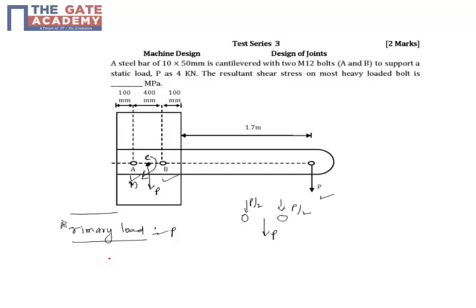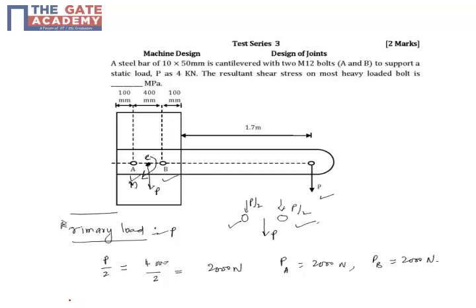These are the primary loads, which is P by 2 on each bolt, nothing but 4000 Newton by 2. So 2000 Newton is acting on each bolt. So PA is 2000 Newton and PB is 2000 Newton.